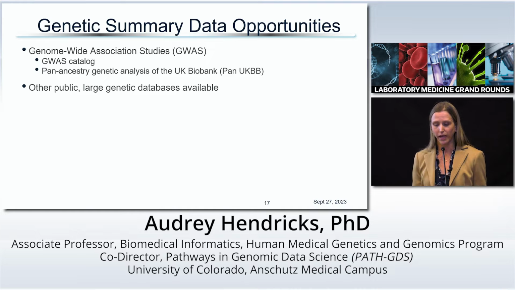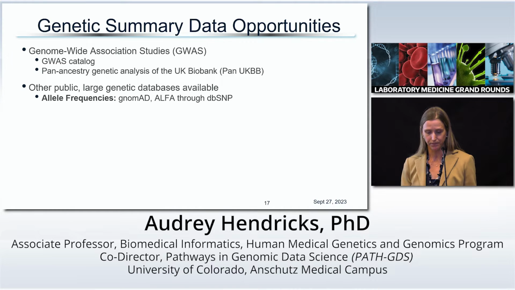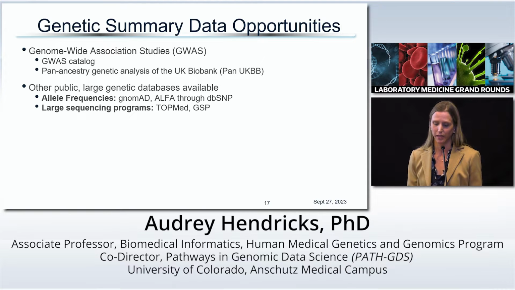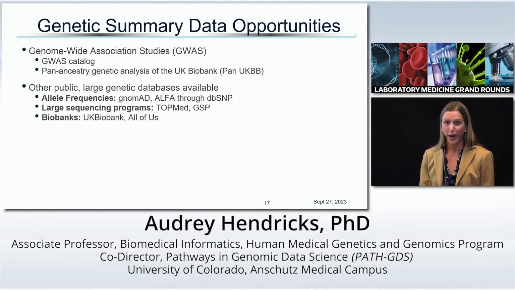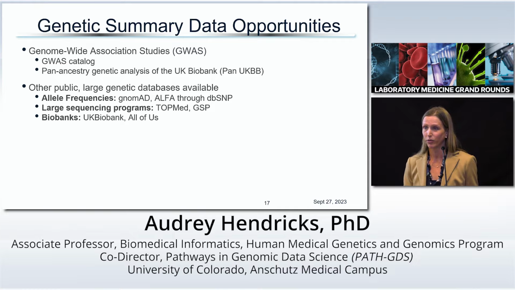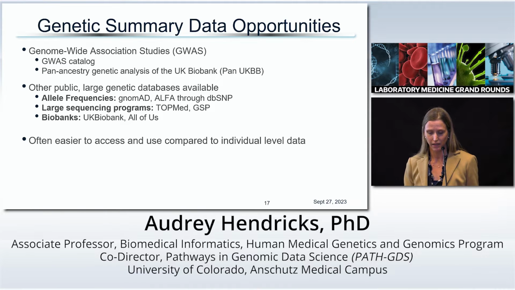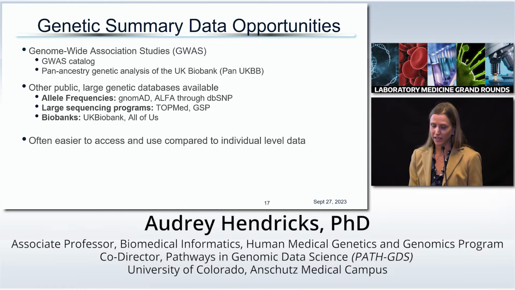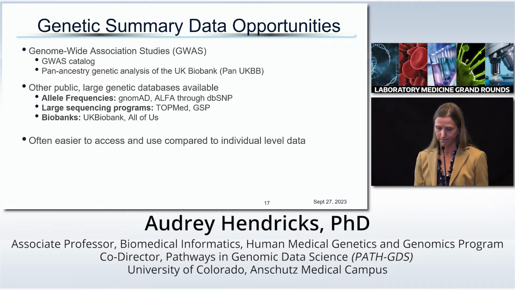And there's other public large genetic databases as well. Allele frequencies are available through places like gnomAD and ALFA through dbSNP, and large sequencing programs such as TOPMed and the Genome Sequencing Program. Through biobanks such as UK Biobank and the more recent All of Us, summary data compared to individual level data is often easier to access and use.